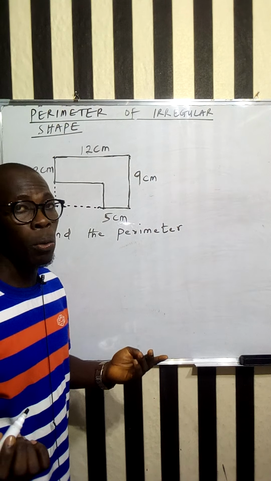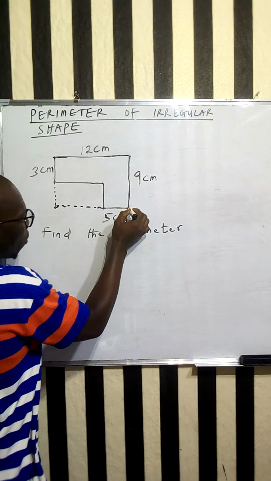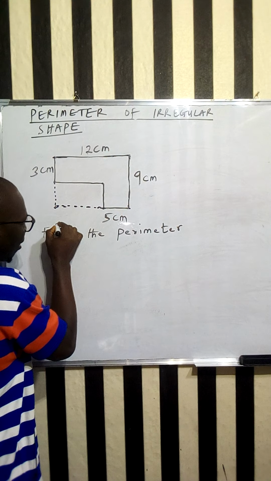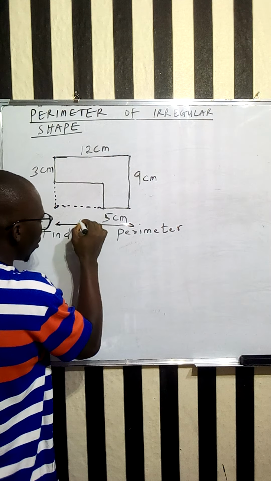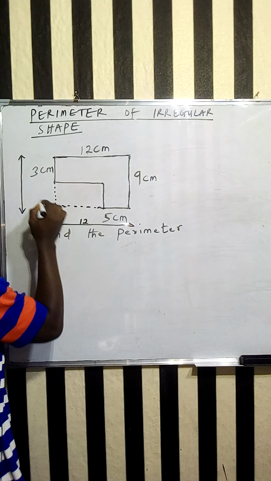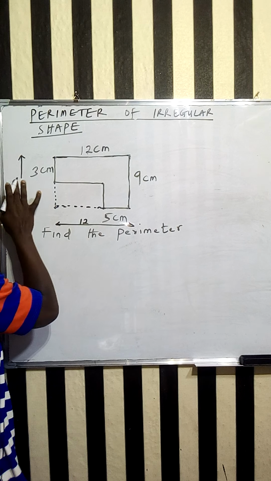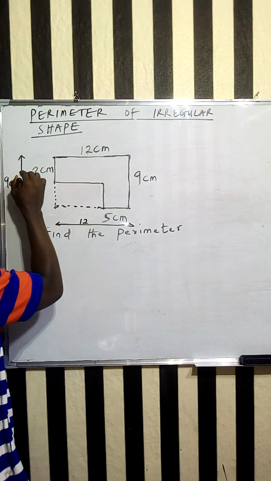Remember, opposite sides are equal. So I can now say that the whole of here is now 12, and the whole of here is now 9 cm.